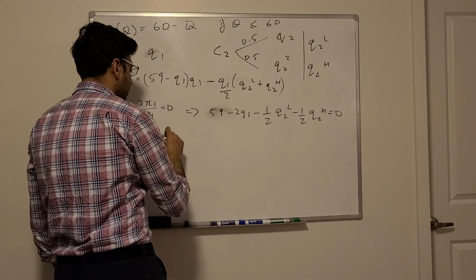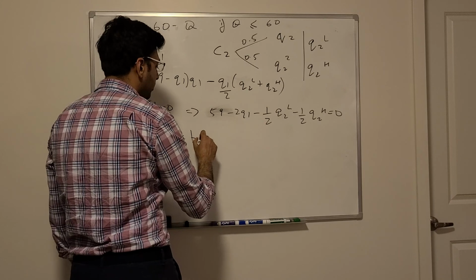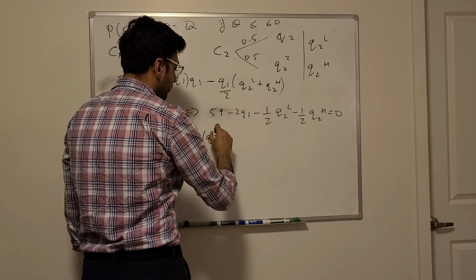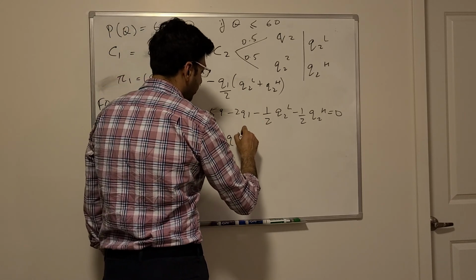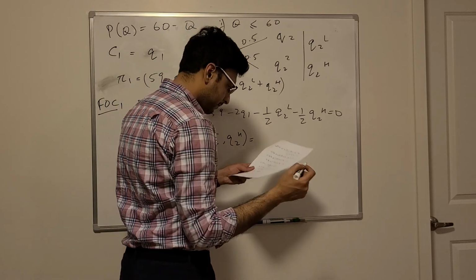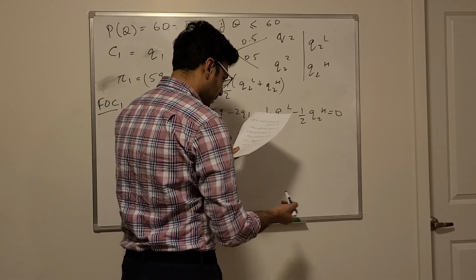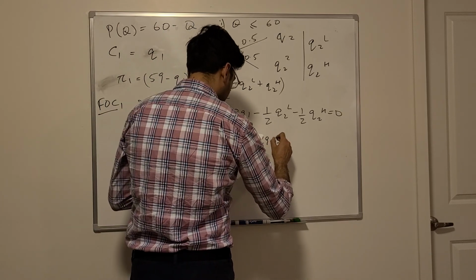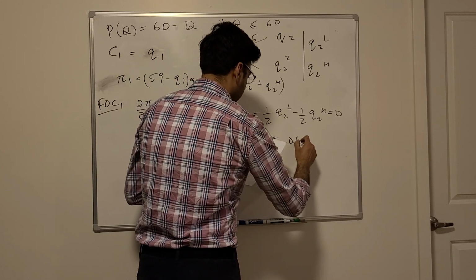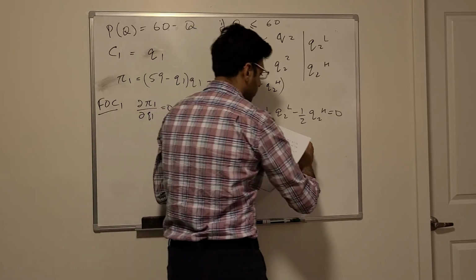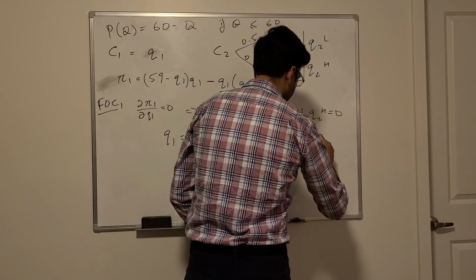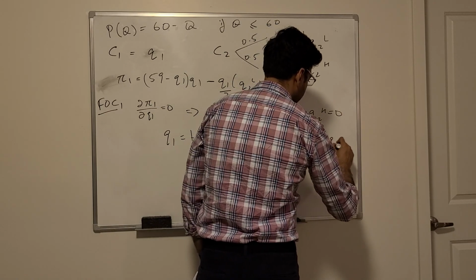So you can write Q1, which is the best response of firm 1 to Q2L and to Q2H, equals 29.5 minus 1/4 of (Q2L plus Q2H).